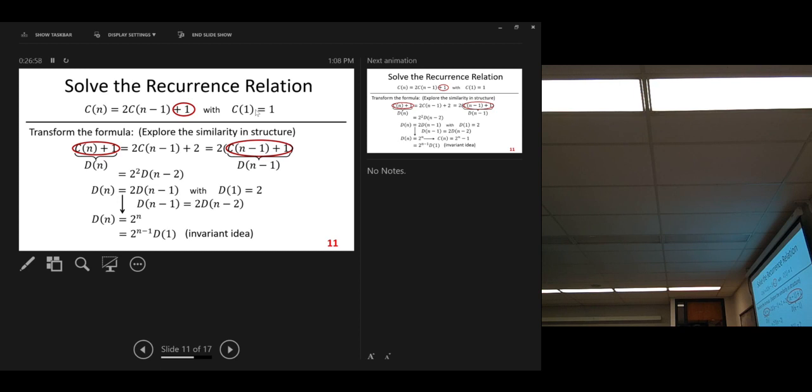First we have this form, then we have that form. We change this function in many different forms. When you do many form changes, try to explore which quantity is invariant. You do many changes, but there is one quantity that never changes. That is the invariant. We want to find that invariant. Then it's easy. Let me tell you, what is the invariant?